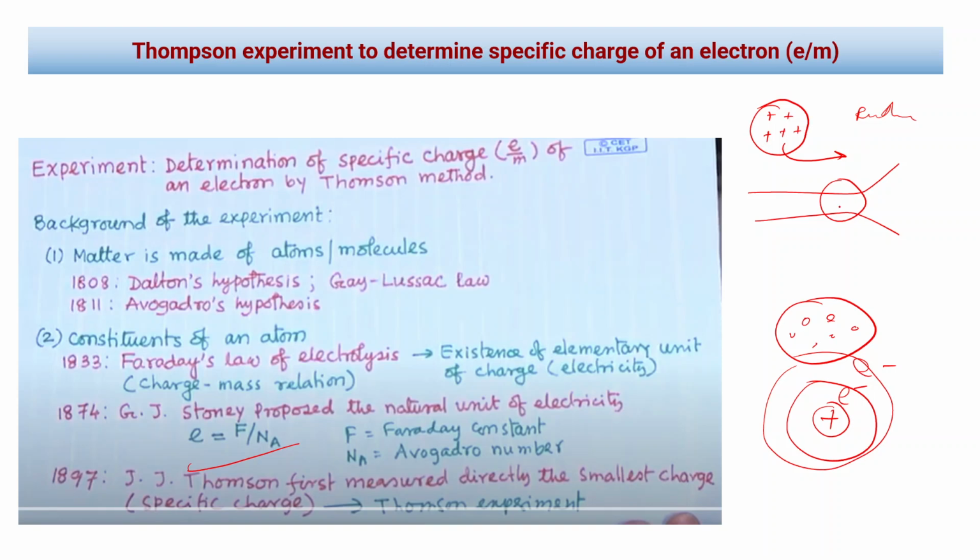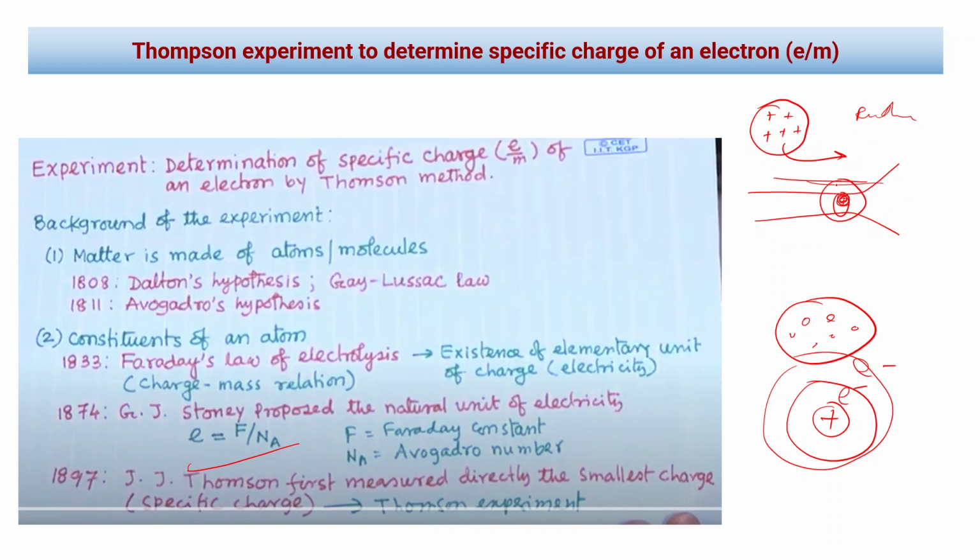Most of the deviation was happening from the center only. Then they got to know that the mass of the atom is concentrated mostly at the center, and the other volume is mostly empty. So they got to know that the charge is not uniformly distributed throughout the atom, it's concentrated at the center itself.